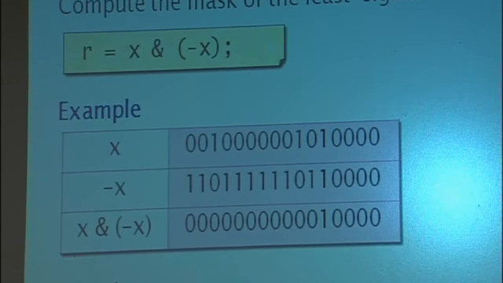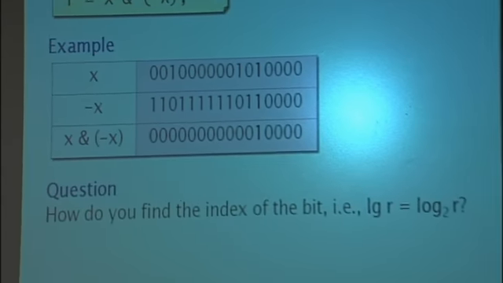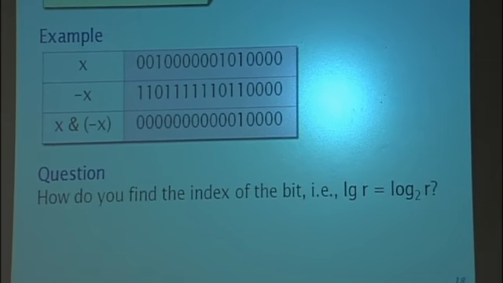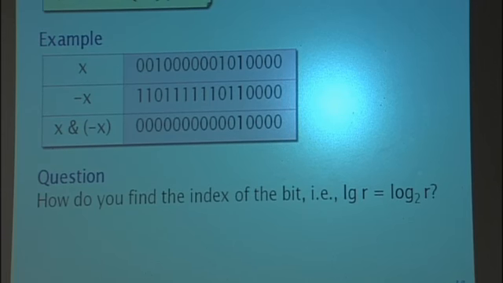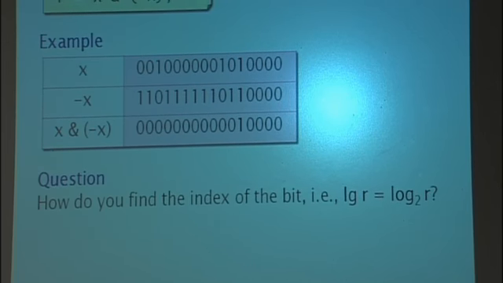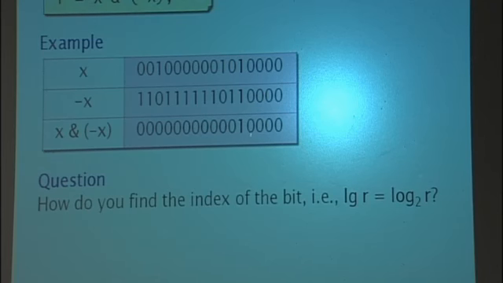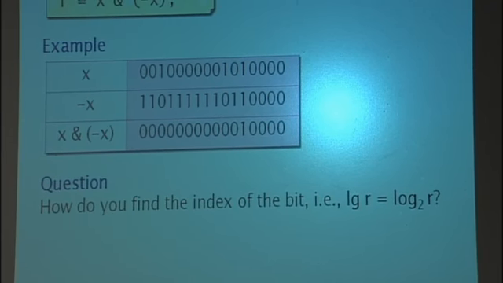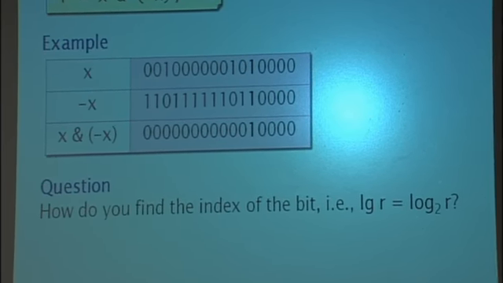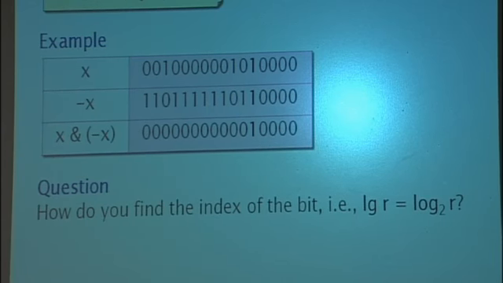So how do you find an index of the bit? By an index, I mean this is bit 0, 1, 2, 3, 4. Well, it turns out these days many machines have a special instruction to do that.